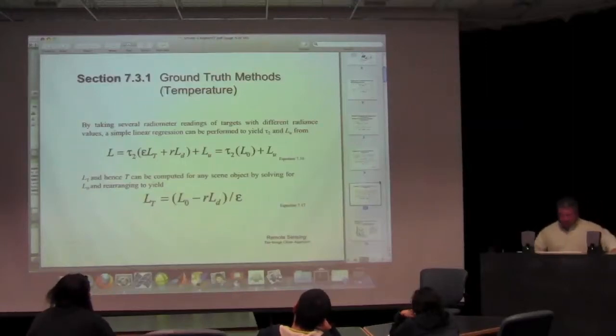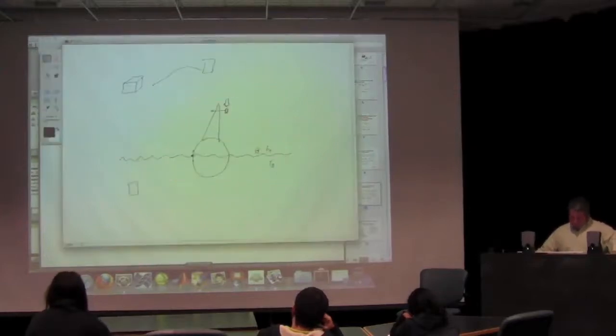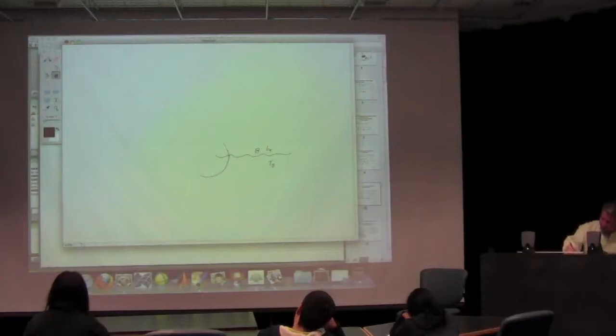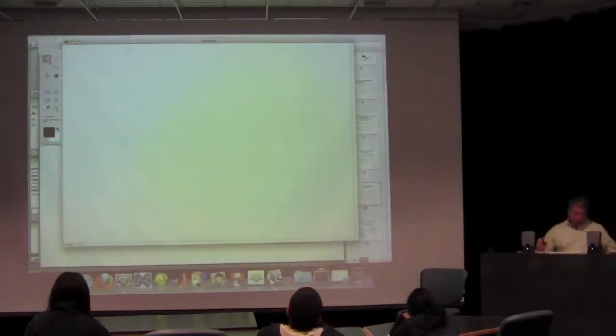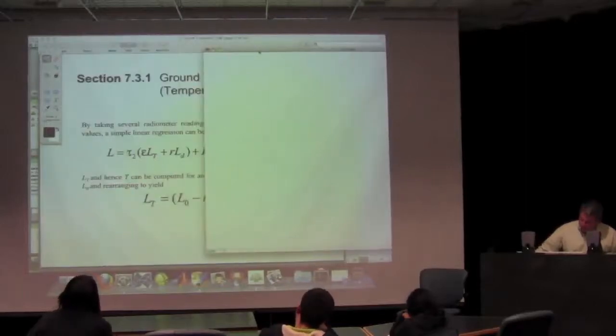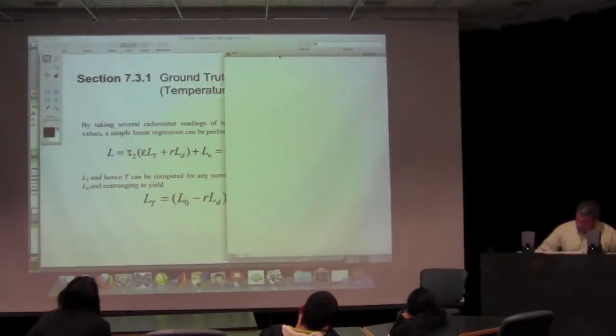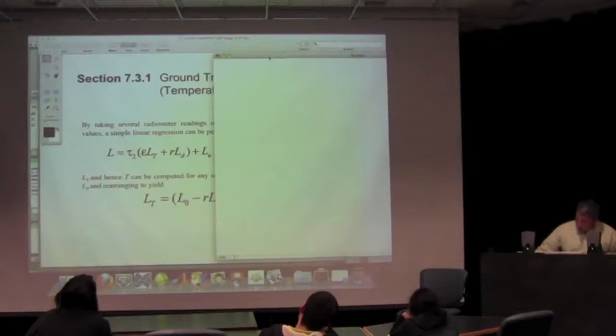All right, so let's take a look at a problem for a second. If we go back, I'll just move this over so you can see everything. I like this equation here. So let's start with this one.